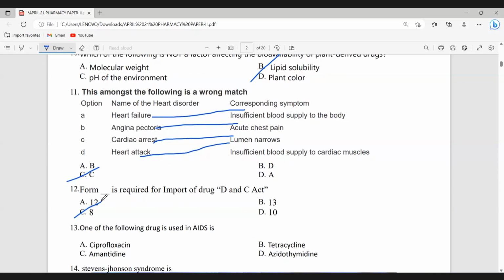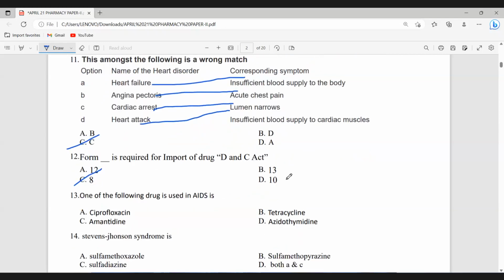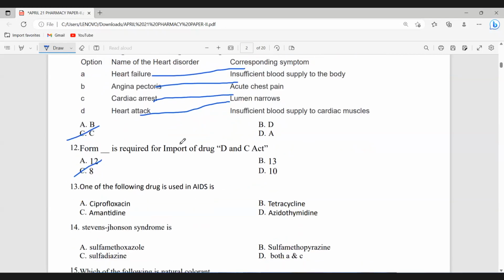But form number 10 means license granted for the import of drug. Did you note it? Two types of forms are used. For application, we take form number 8, and for license granting for the import of drug, we take form number 10.